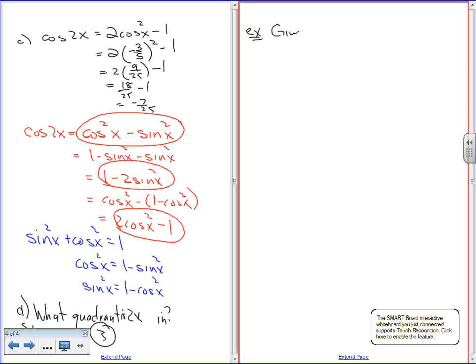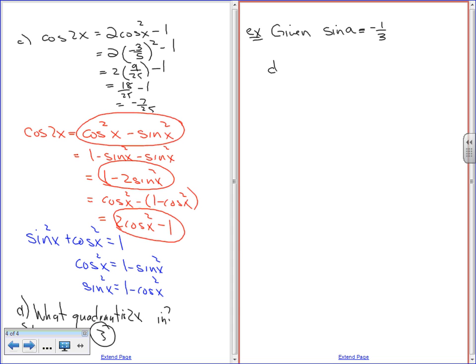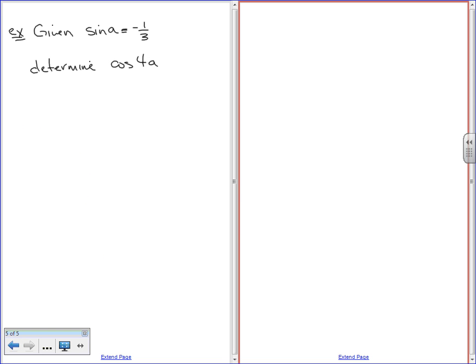Given sine A is equal to negative 1/3, determine the cosine of 4A.